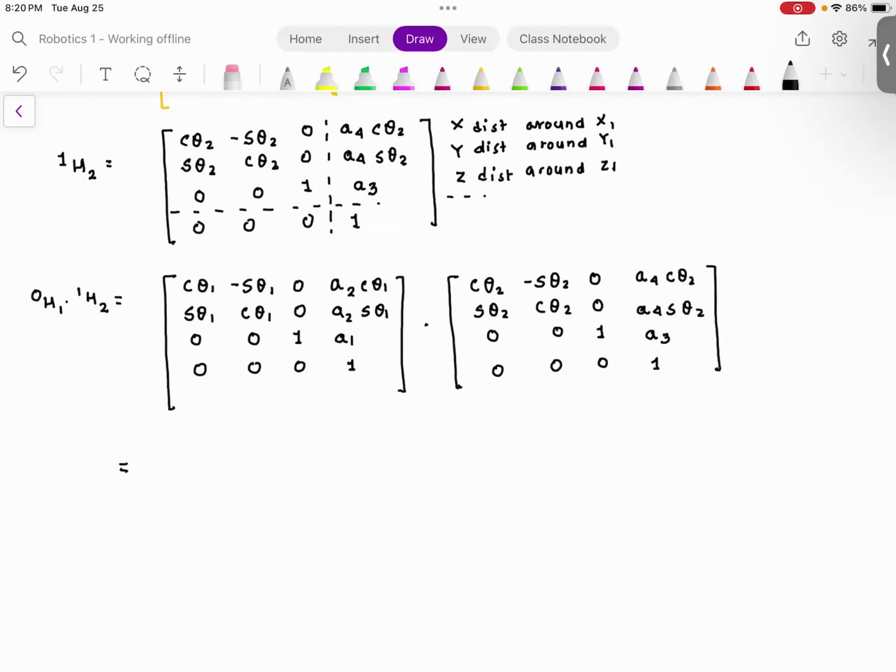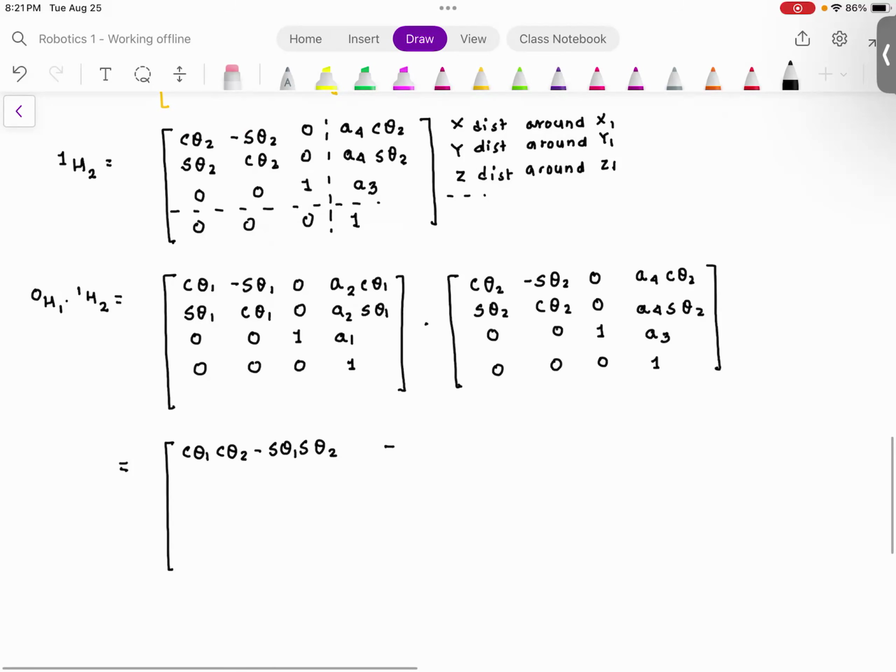So the first term is going to be cosine theta 1 cosine theta 2 minus sine theta 1 sine theta 2. Do you agree with me? First row, second column is going to be minus cosine theta 1 sine theta 2 minus sine theta 1 cosine theta 2. Do you agree with me?